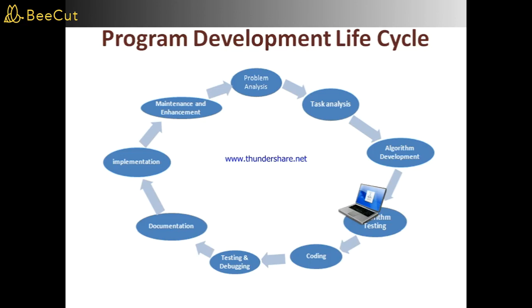That's what task analysis is, finding the solution which solves the problem comfortably as well as economically. So the second step is task analysis. Let's move on to the third step, that is algorithm development.